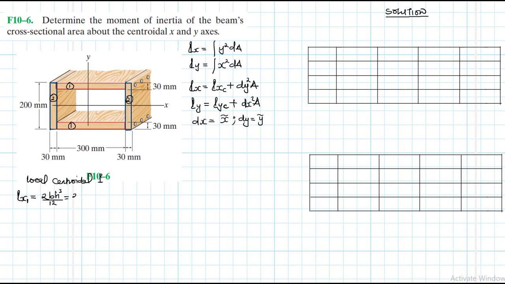Our b for part 1 is 300, and our height is 30, so 2 times 300 times 30 cubed divided by 12. This gives us 1.35 times 10 to the power 6.